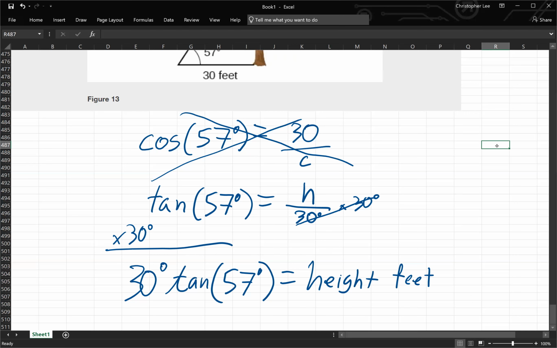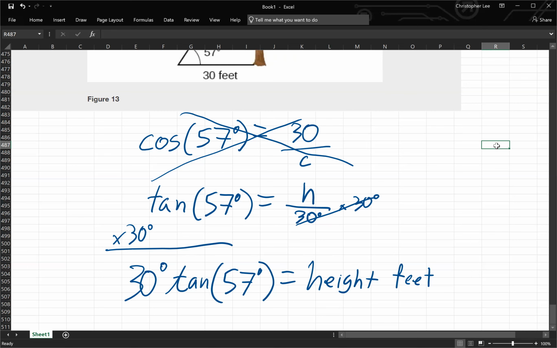I pick a trigonometric function, sine, cosine, or tangent, one of those three, and I solve for whatever it is I'm looking for. In this case, I want the height of the tree. So that would be H, 30 times tan 57 degrees. Straight calculator. That's all that is.